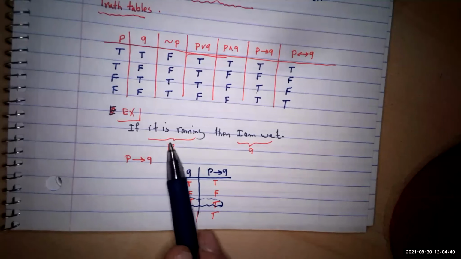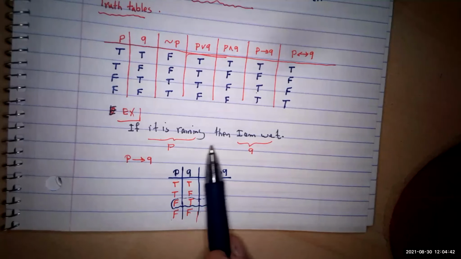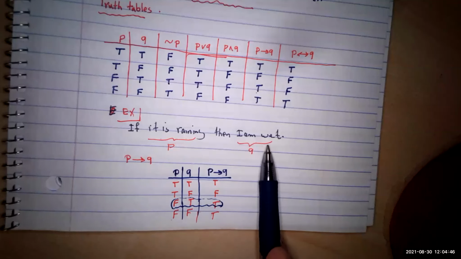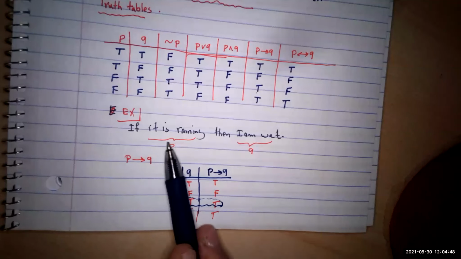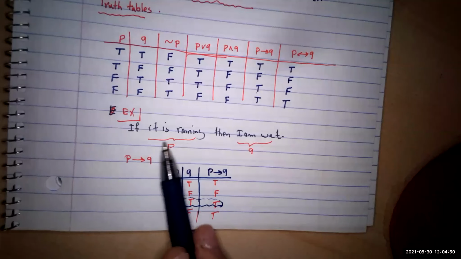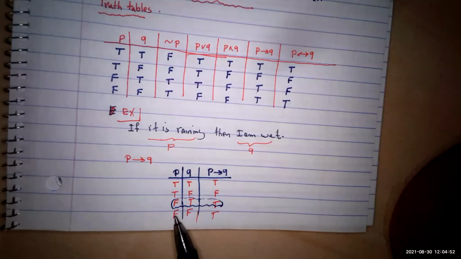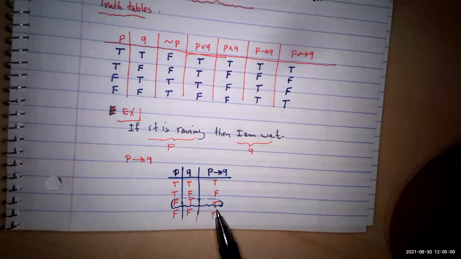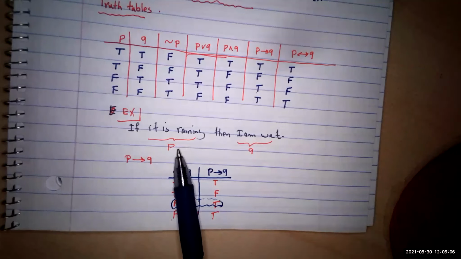Your obligation was that if it rains, you must be wet. Since it's not raining, you can do whatever you like. In this case, it's not raining but you are wet, and this statement is still true, because if the first one happens, the second one must follow.